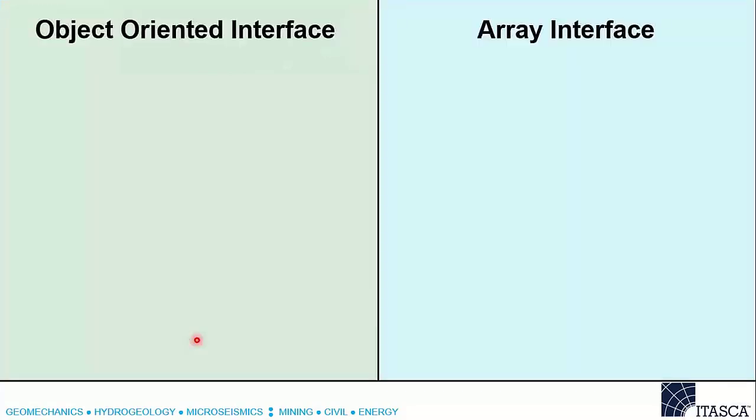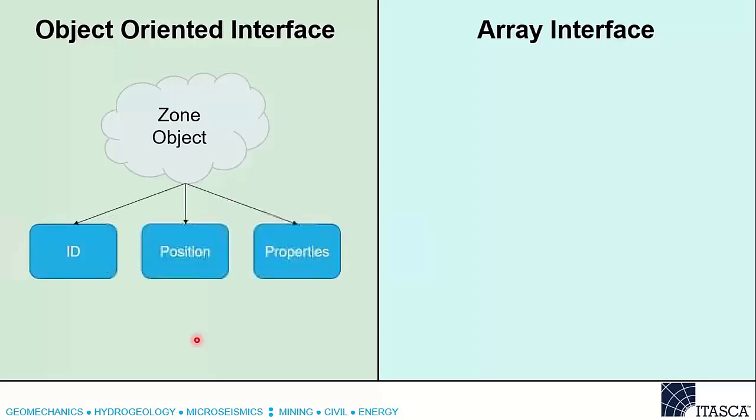To further highlight the fundamental differences between the object-oriented interface and the array interface: in the object-oriented interface, you are always interacting with one object at a time, one specific instance of a zone class. That object then provides connectivities for the ID of that zone, the position of that zone, and the properties of that zone.